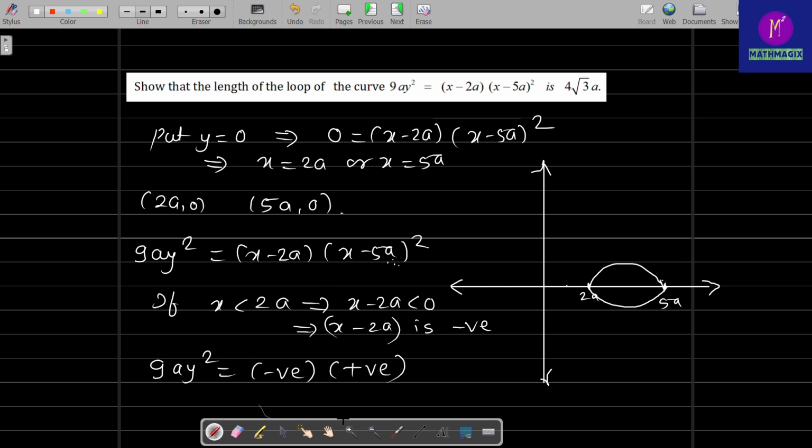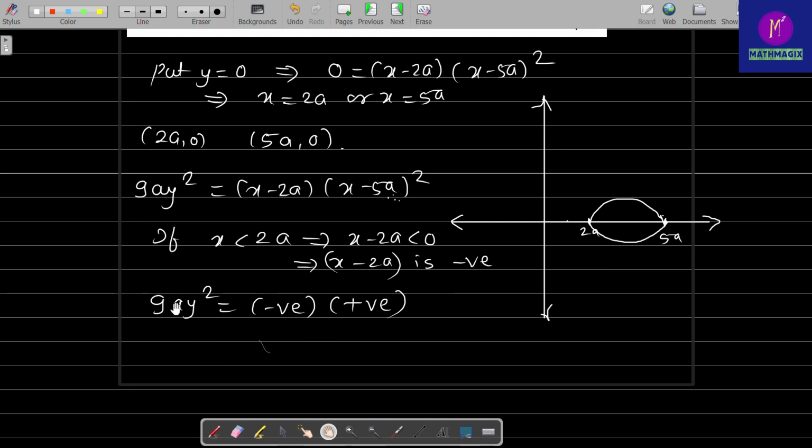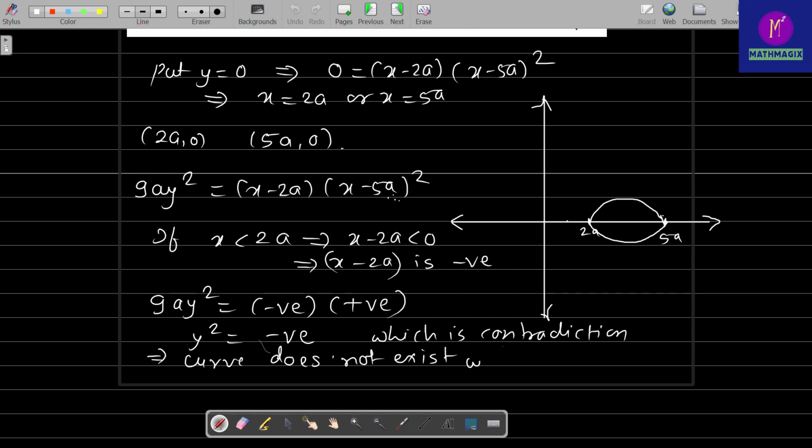So we will always get a positive number for (x minus 5a) square. This 9a is a positive term. So clearly we can say that we are getting y square equal to some negative number. So y square negative is not possible because y square is always a positive term. So this is a contradiction. That implies the curve does not exist when x is less than 2a.